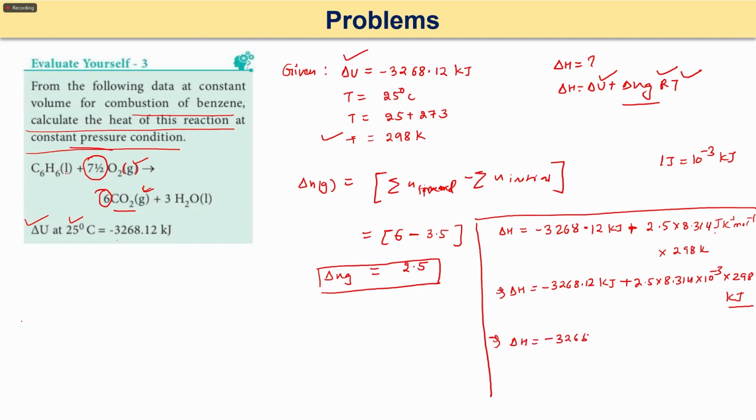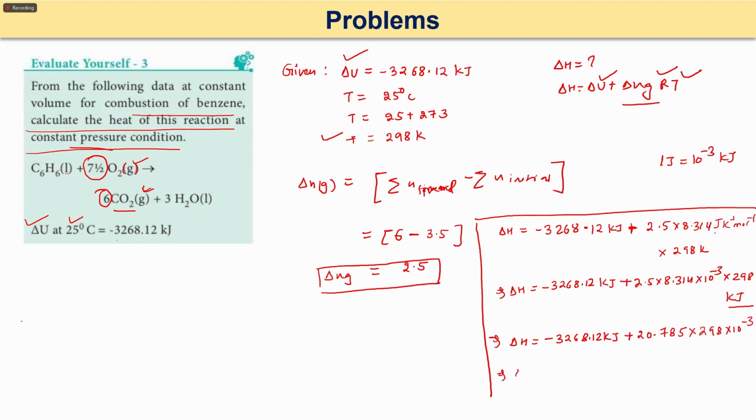It is minus 3268.12 kilojoule plus 2.5 into 8.314. If you multiply it, you will get 20.785, and we have to multiply it with 298 and 10 to the power minus 3.